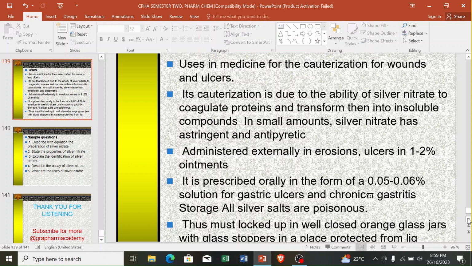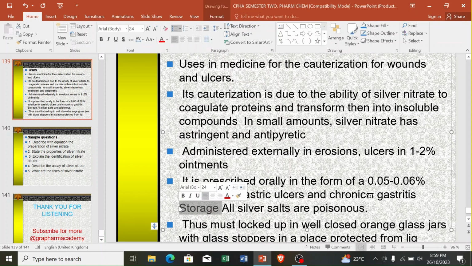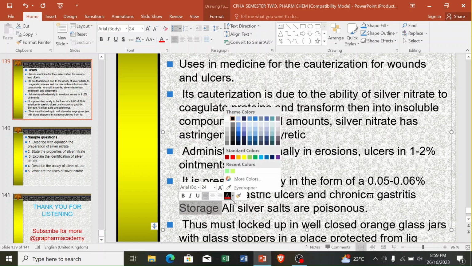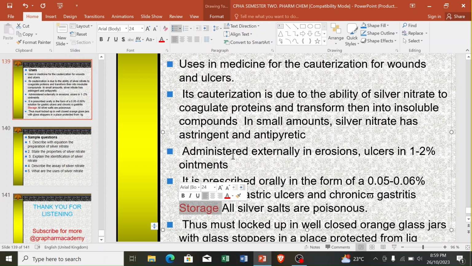And then we have storage. All silver salts are poisonous, so this is a method of storage. We are kindly reminded that all silver salts are poisonous, thus must be locked up.